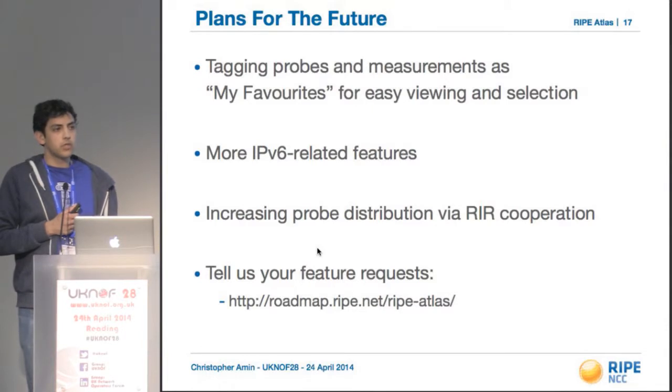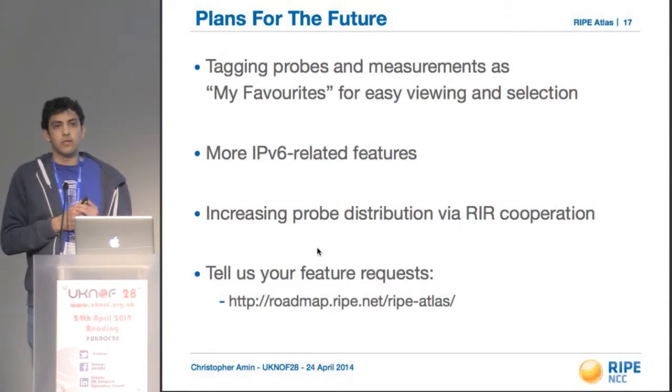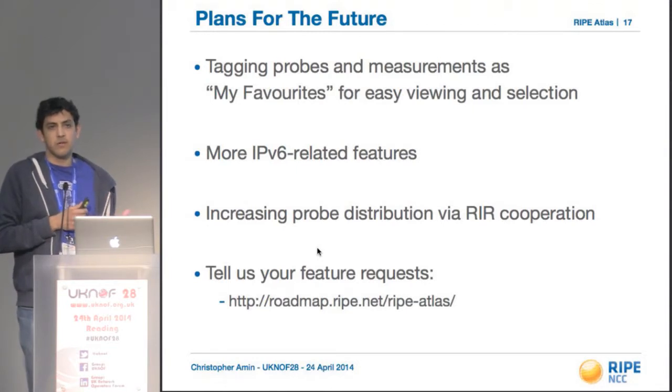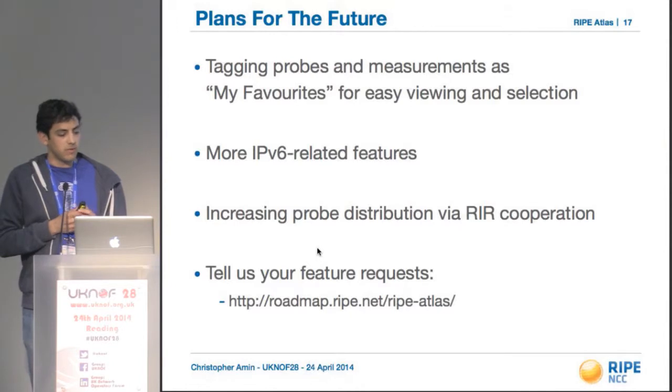We have one issue: if a probe tells us that it has a globally routed IPv6 address, we just take its word for it and put it into IPv6 measurements. As you can expect, a lot of the time that doesn't actually work, because it has the address but it doesn't work. So we're looking to be smarter about that.